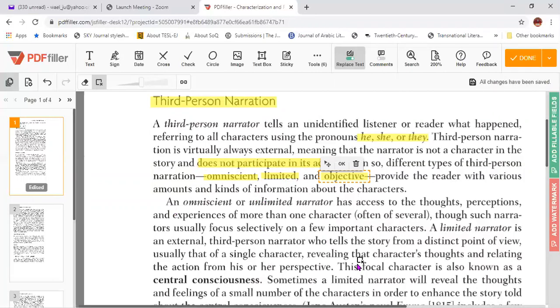So let me just say it again: a third person narrator is a narrator that uses the pronouns he, she, or they, because simply this narrator does not participate in the story. And this kind of narrator has three types: the omniscient, the limited, and the objective. And we will talk about these narrators here in detail.